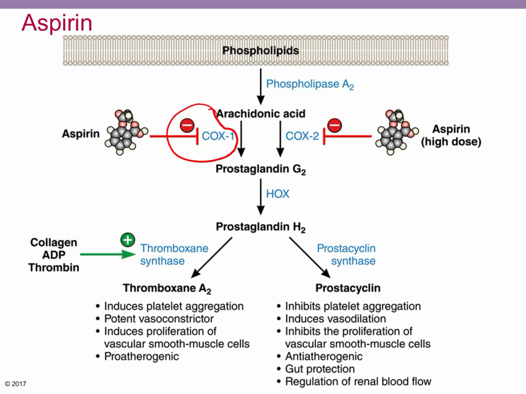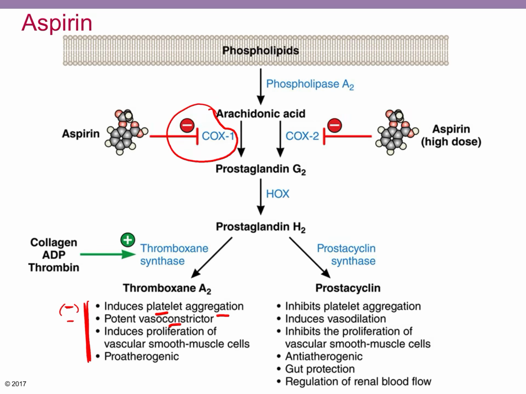The reason that it works is that it's going to inhibit an enzyme called COX-1. And COX-1 is responsible for making this pathway here. You don't need to memorize the pathway, don't worry about that, but know that this pathway will ultimately lead to platelet aggregation, right? Vasoconstriction. And those are both bad things if you're prone to throwing clots.